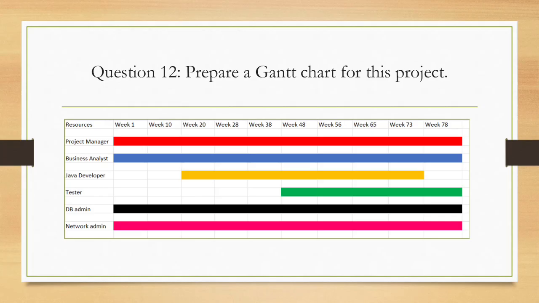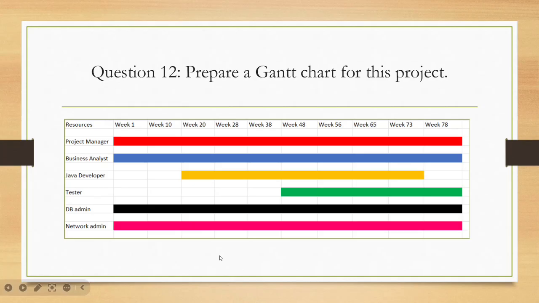Whereas the Java developers start working after completion of requirement analysis, like they will be involved after 10 weeks. And the testing team will be involved after completion of the total development part. In that way you need to represent your Gantt chart.